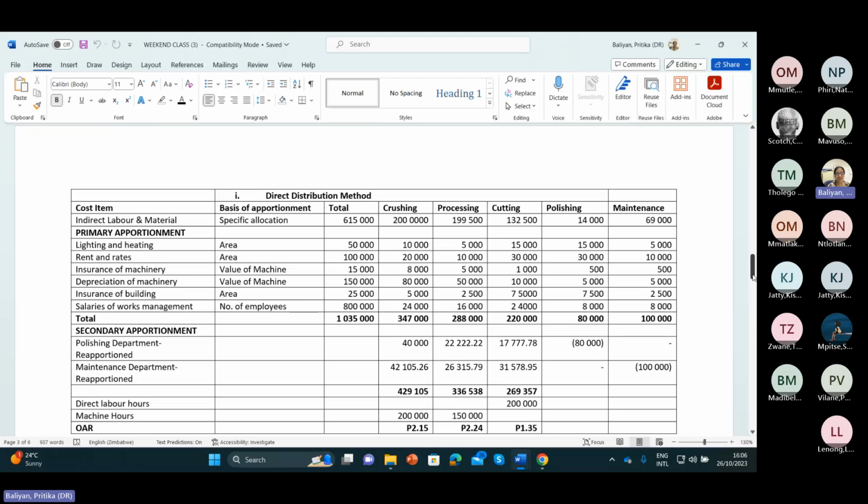Okay, I believe that everybody has seen the primary and the secondary allocation regarding lighting and heating, rent and rates, insurance of machinery, depreciation of machinery, etc. After the specific allocation and the primary allocation, we get a certain cost for all the departments, including the service department.